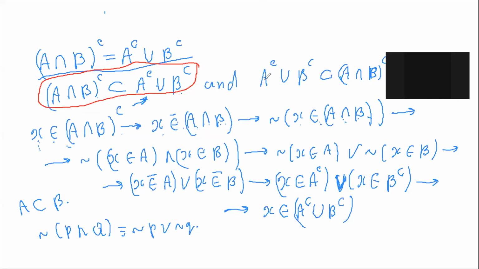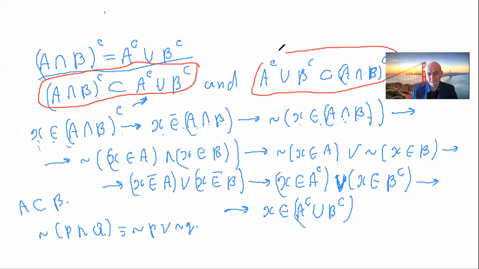Now, what do I need now? Now I need to prove that this second one is true. So now it means that I should take an arbitrary element from this set and prove that this element also belongs to this other set.